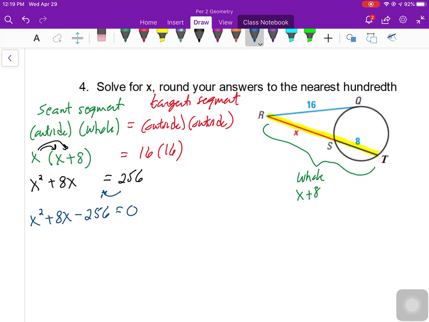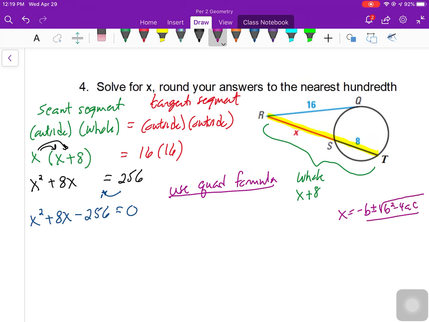And on this one, because the numbers are so large and I cannot see easily how to factor it, we're going to use the quadratic formula. Recall that the quadratic formula is x equals negative b plus or minus the square root of b squared minus 4ac, all over 2a. And yes, you do have to know that.